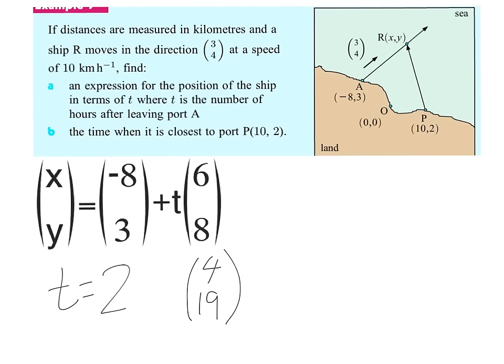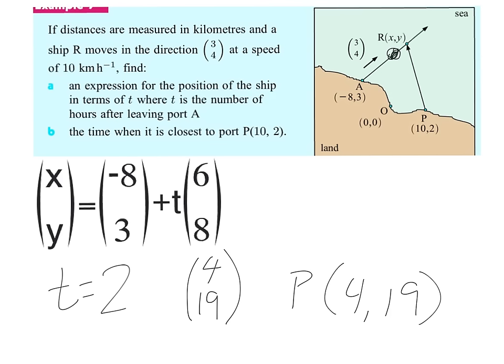So I would be at the point 4, 19 somewhere. If this is 10, then I'd be somewhere over here. So I can find any point along the line. Whatever that point P is, point P would be the point 4, 19. And that's where you are at time 2 hours after you leave.